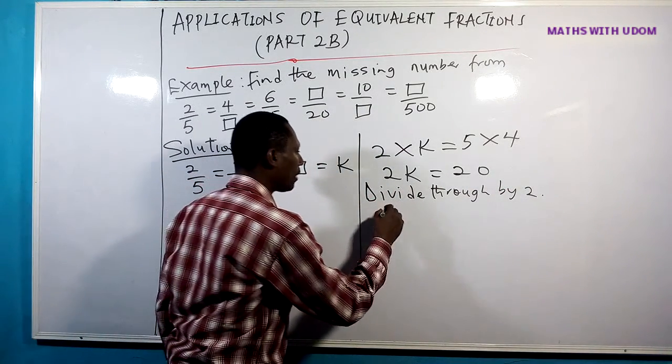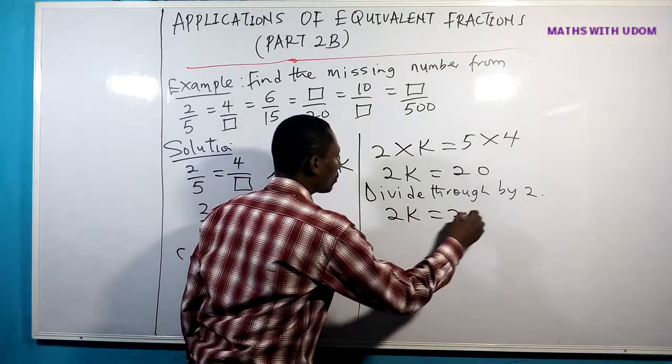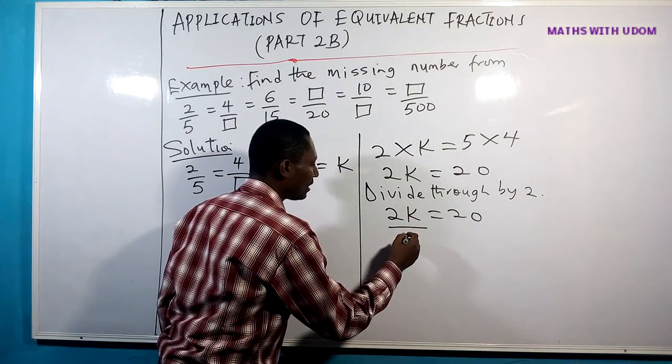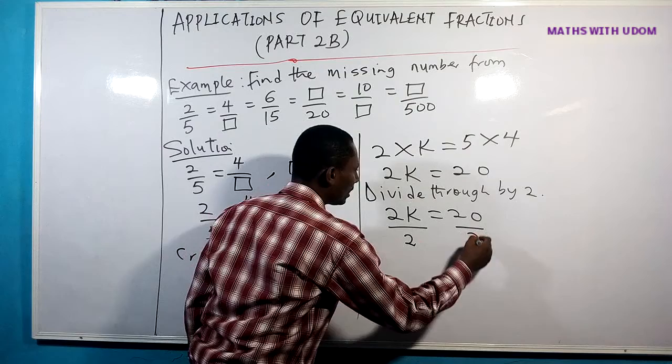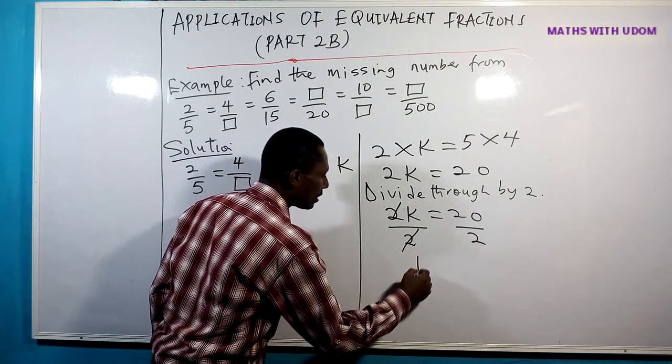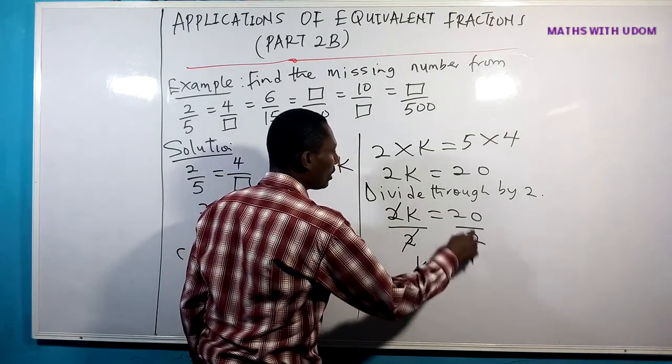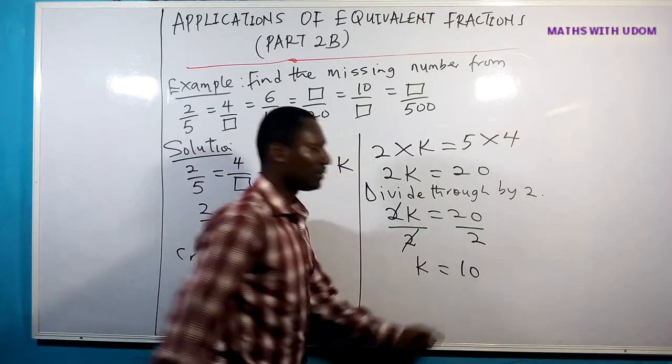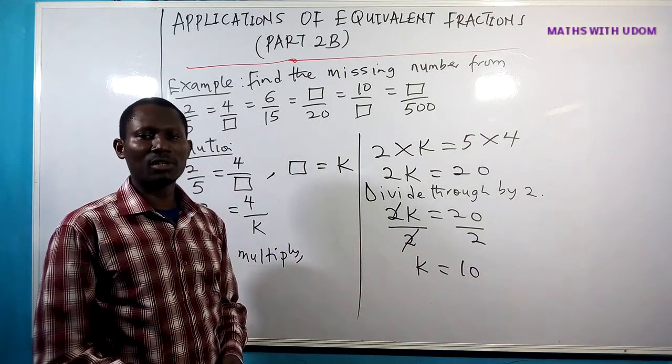So what do I have? I have 2K equals to 20. Left hand side divided by 2, right hand side divided by that 2. 2 cancels 2. What is left here? K equals, how many 2 in 20? 10. Okay, so that is how to solve it.